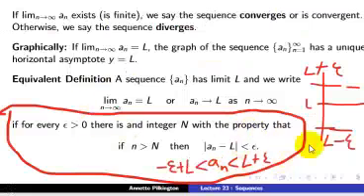I hope you understood the definition very well. In my next video, I'm going to work out a small problem: how do we use this definition to show that a sequence converges to some number? So let's do that.